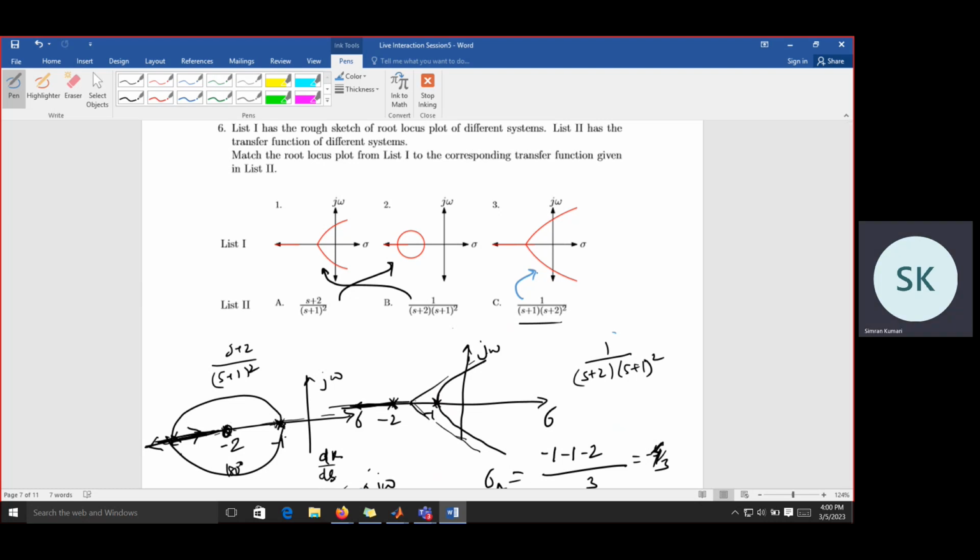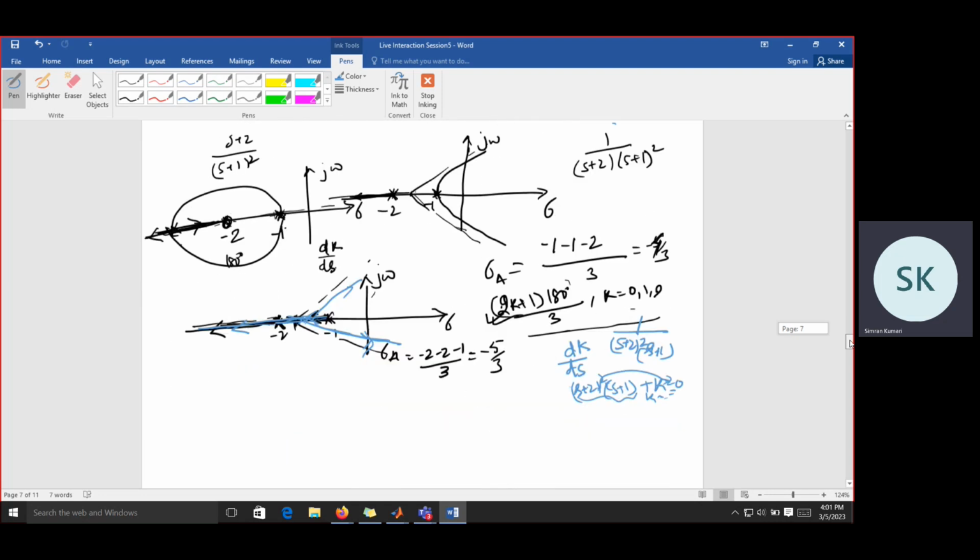So what we got for the first figure, b is the open loop transfer function. Fine, you understood anyway. So we'll proceed to the next question.